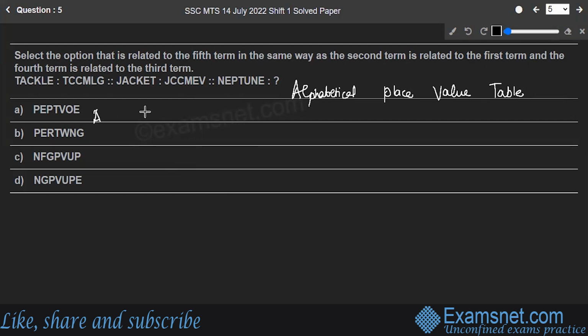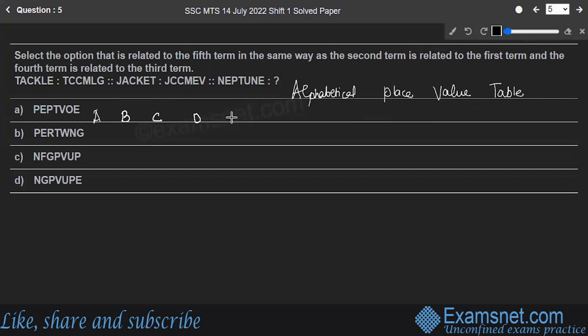Okay, so let's go. A, B, C, D, E, F, G, H, I, J. I'm falling short of space, so I'll rewrite it a bit congested.